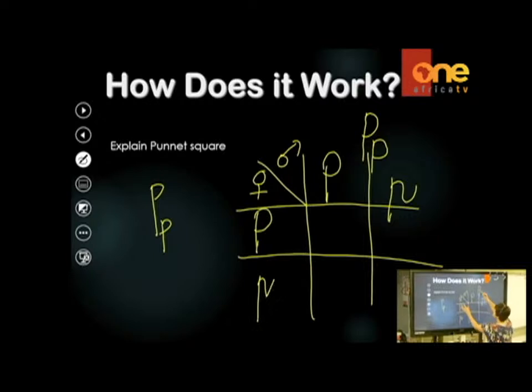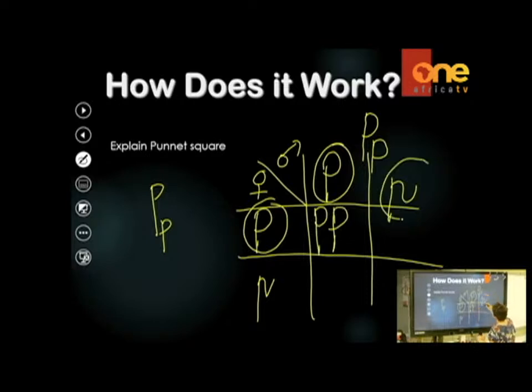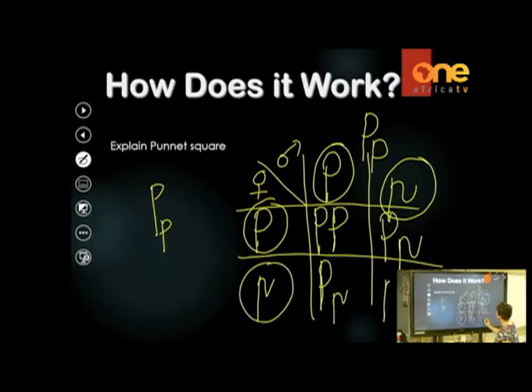So, if these gamete and this gamete forms the offspring, capital P, but if this gamete and this one forms the offspring, this will be the alleles of the offspring, or this one and this one, or this one and this one.